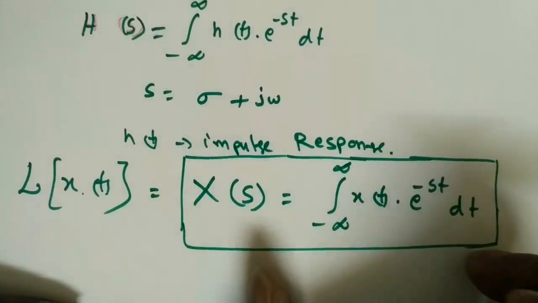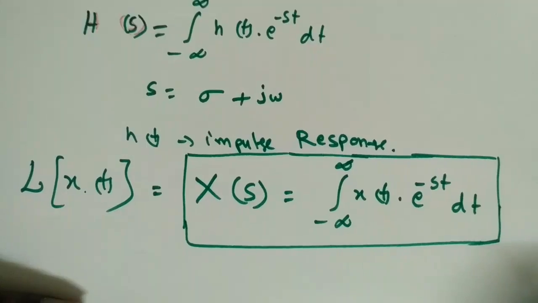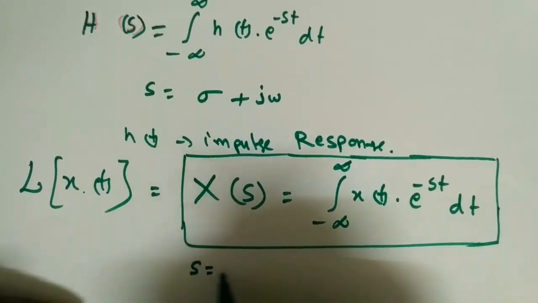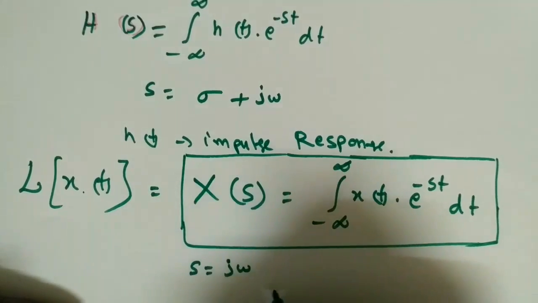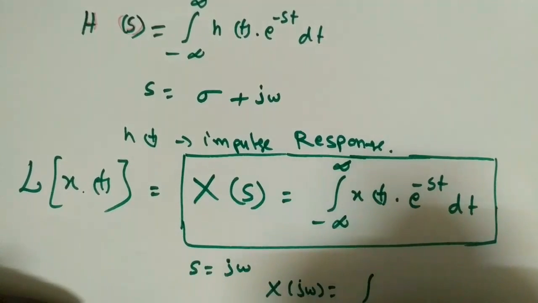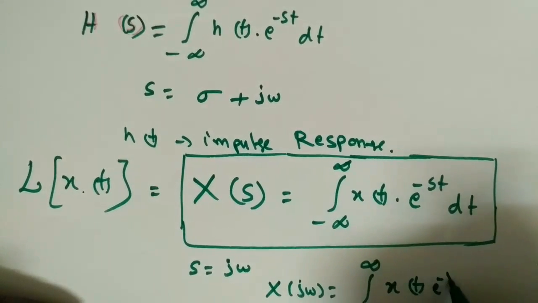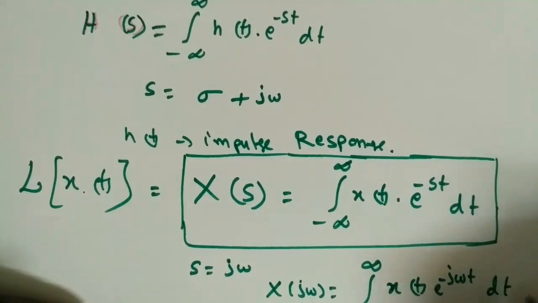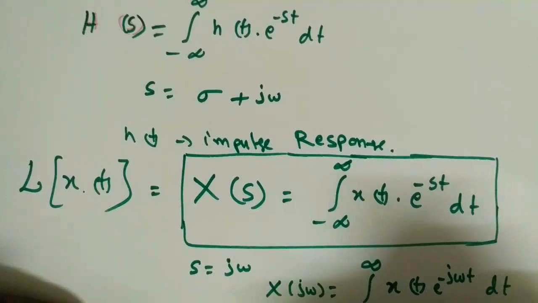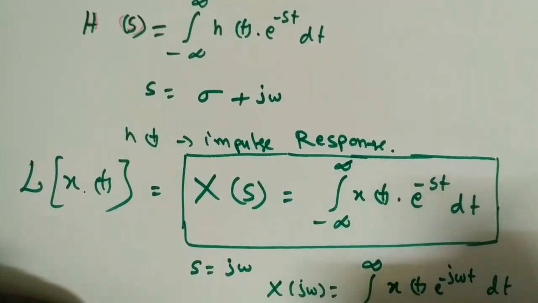Now we have to relate this to the Fourier transform, right? If I substitute s equal to j omega first, it becomes x of j omega equal to integral from minus infinity to infinity of x of t into e power minus j omega t dt, right? This is nothing but the Fourier transform of x of t.